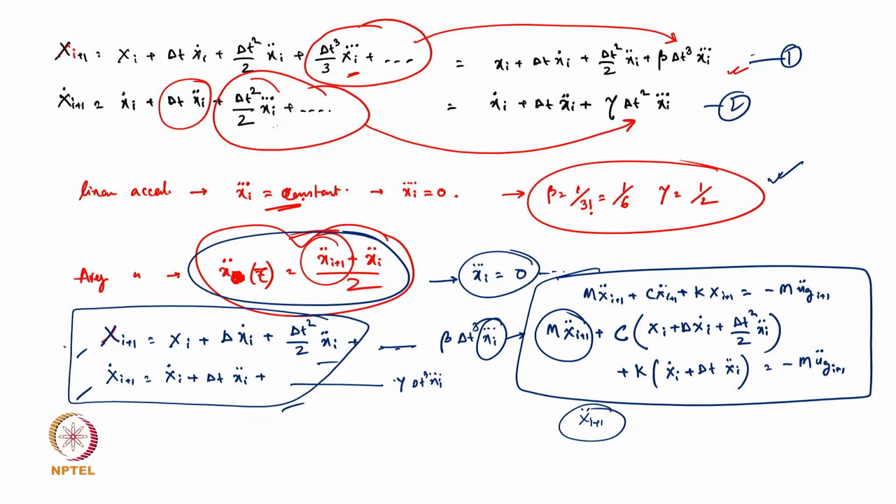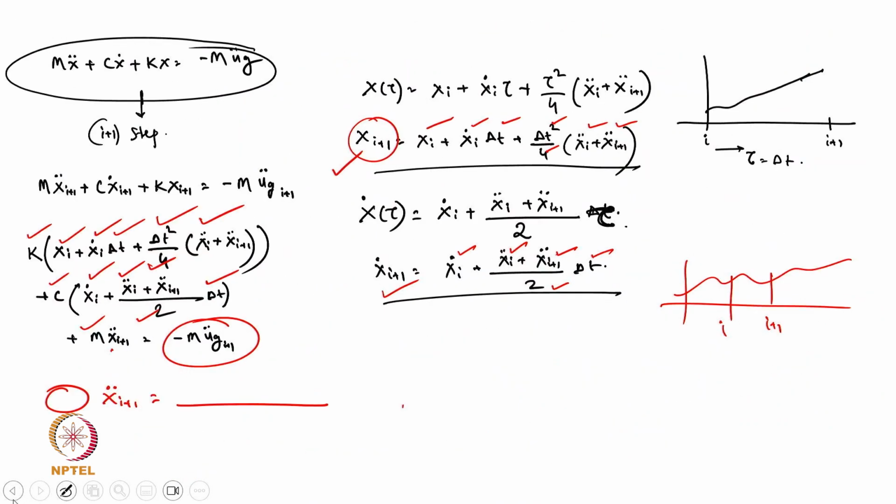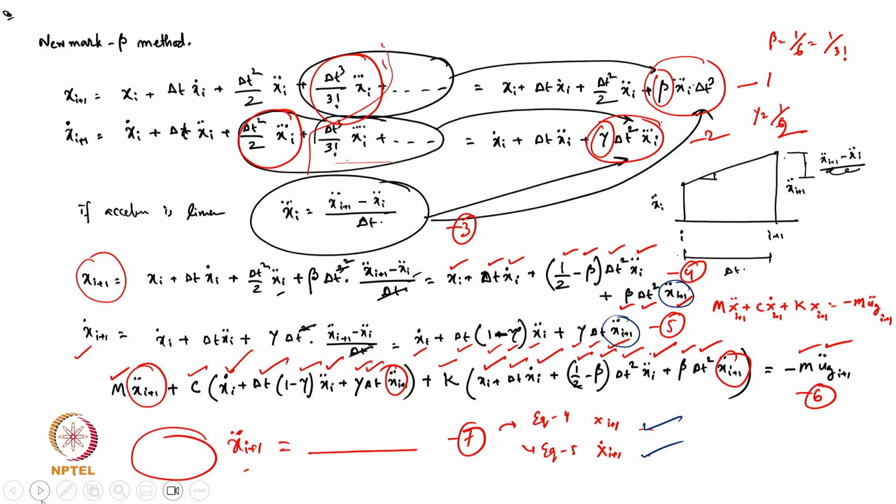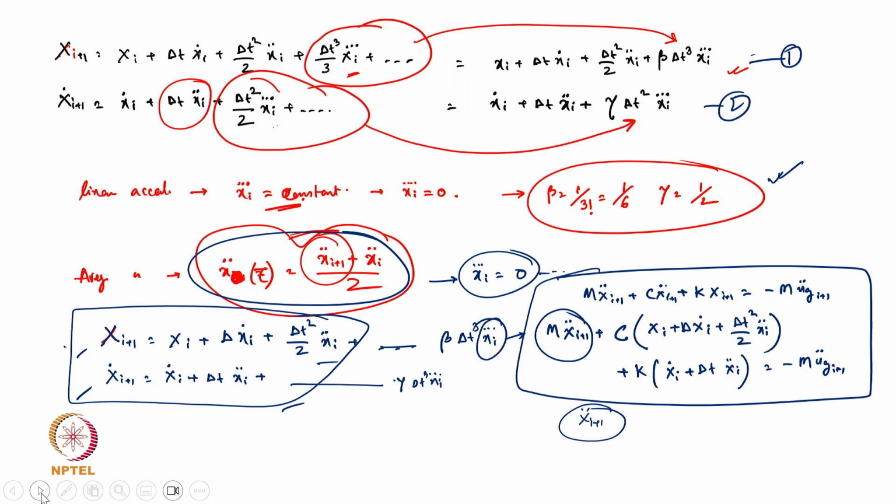Now what do we do? Just go back to the last one. We had the main equation of motion. So we substituted whatever we got, like x_{i+1} and x dot_{i+1}, there. But what do we notice?